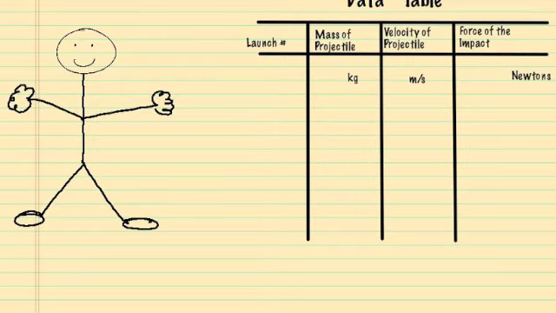The first one is the momentum. How are we going to be able to determine the momentum of the impact? Well, we know the equation. Little p is equal to mass, I'll write it out, times velocity.